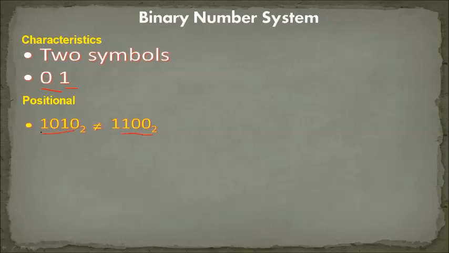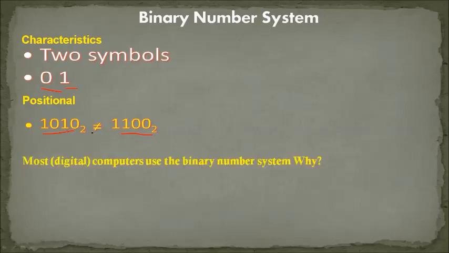Since it is a binary number, you may think that there are only ones and zeros, so there is no big difference. Here there are a lot of differences. Once you change a 1 or a 0, the entire value of your binary number will change. That's why the positional value matters. Most digital computers use the binary number system. Why?